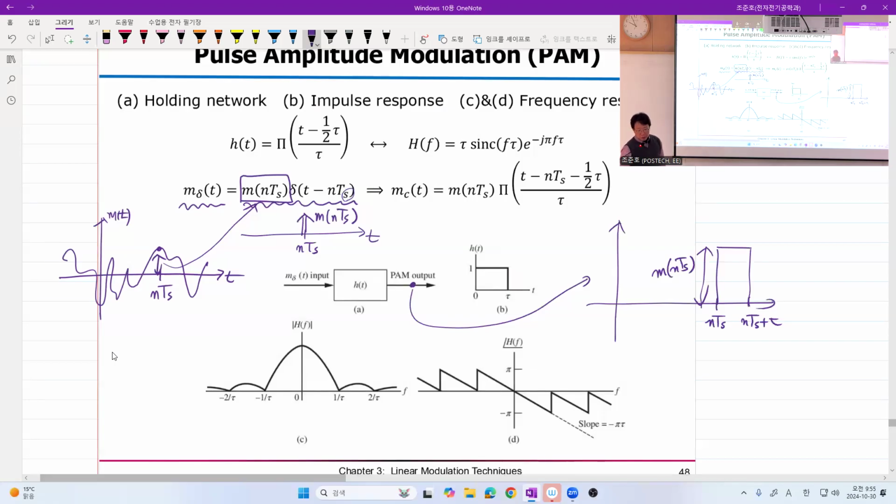Now, we not only transmit this single delta function, but also transmit other delta functions obtained by sampling, for example, our voice signal. And what we do is that we transmit this impulse train. We apply this impulse train to this pulse shaping filter, so-called pulse shaping filter.